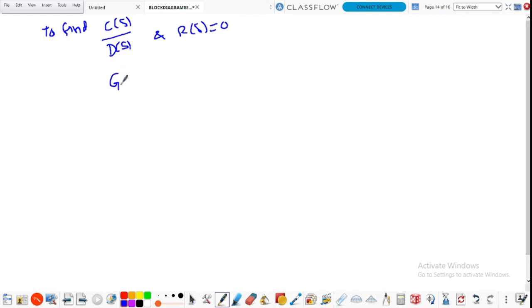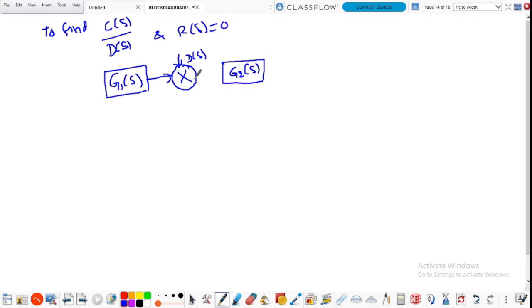The equivalent block diagram has G1 of s, and after that the summing point, and the input is D of s, G2 of s, and the feedback element.